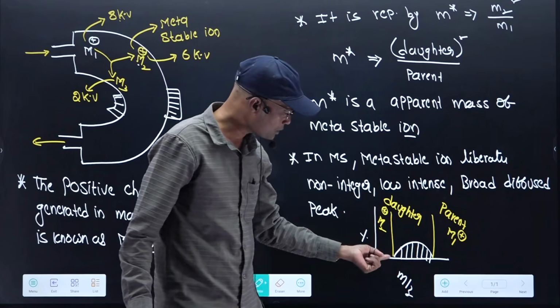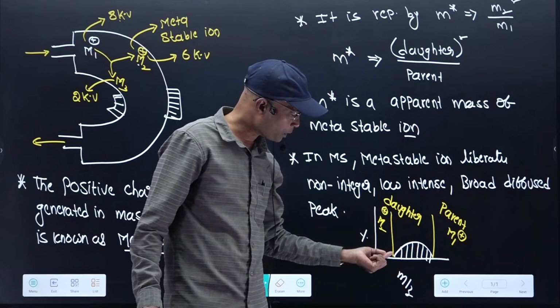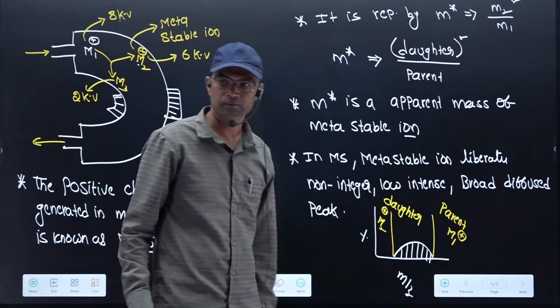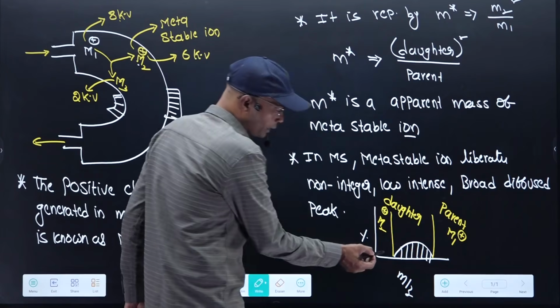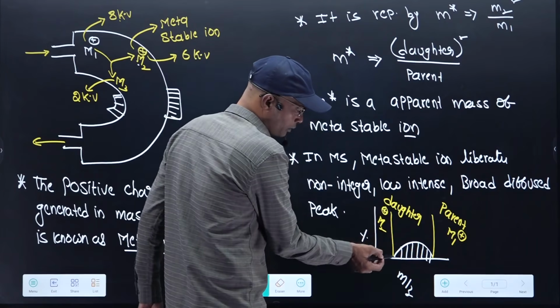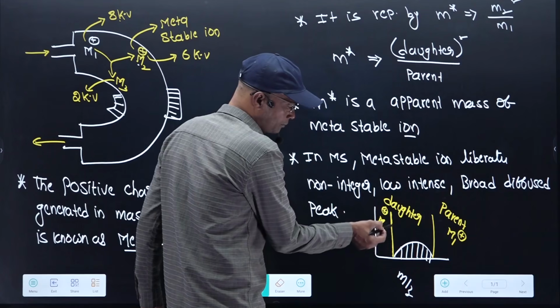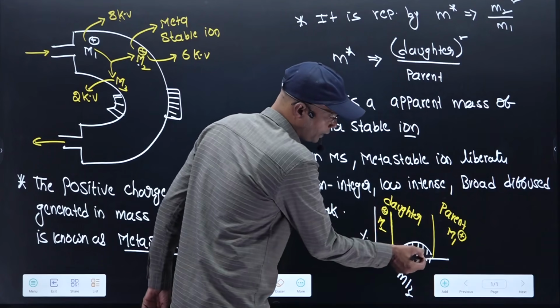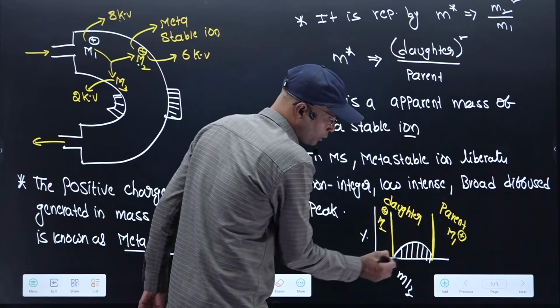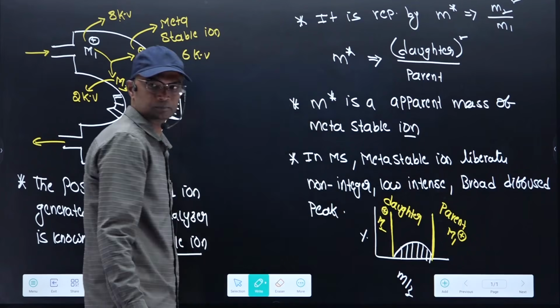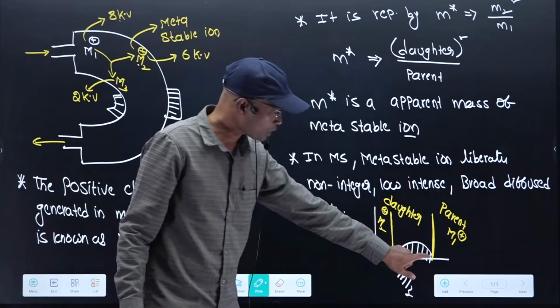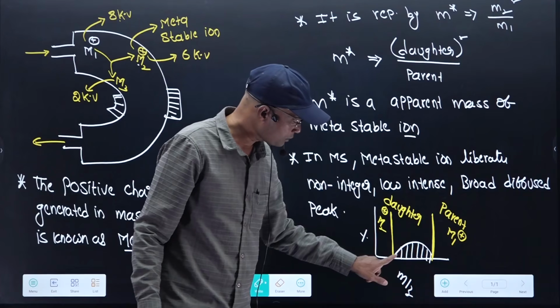That becomes the metastable ion. This metastable ion is produced from this parent ion. That is the meaning. So you can write the m by z value of a daughter like this, one line, and write the parent ion like this, one more line. But you will get one diffuse peak in between them. So don't think that the diffusion needs to start from the parent and end at the daughter.